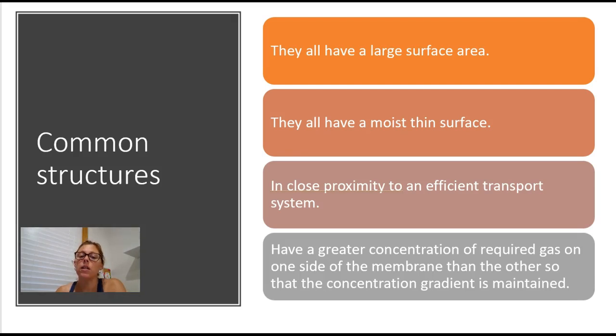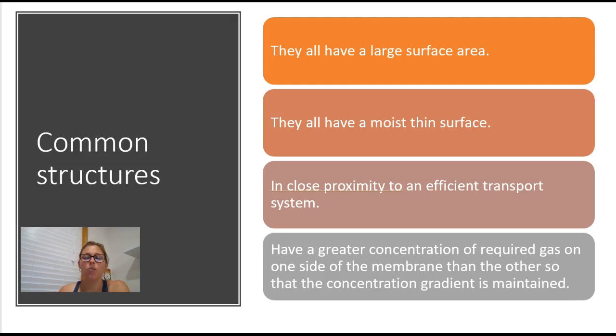Now, they also need to be in close proximity to an efficient transport system. Our transport system is our circulatory system that we will look at in a bit more detail soon, but it enables those gases and those nutrients to be moved all throughout our body. And again, coming back to diffusion, we need a greater concentration of the required gas on one side of the membrane compared to the other.